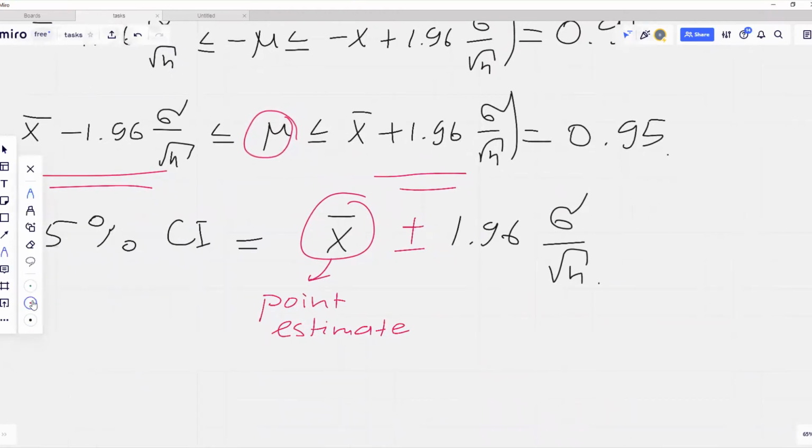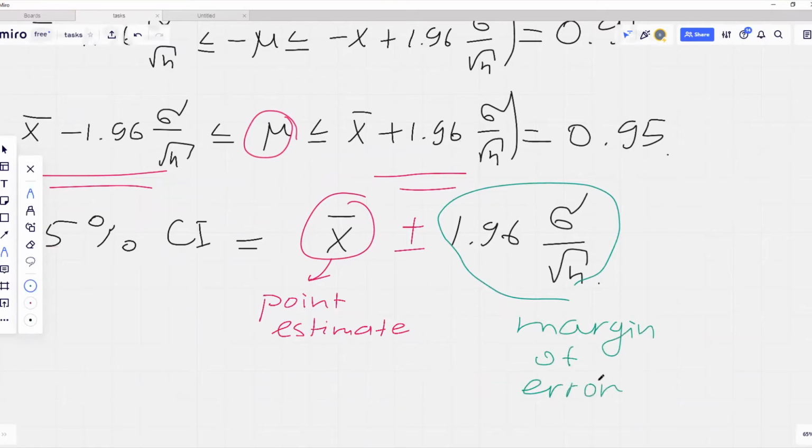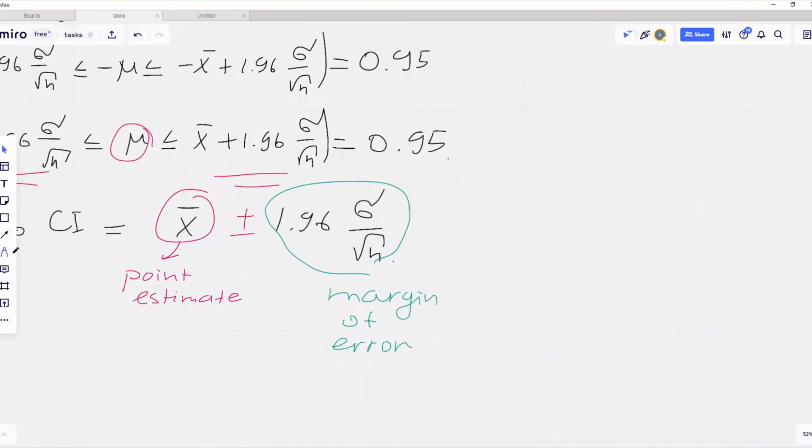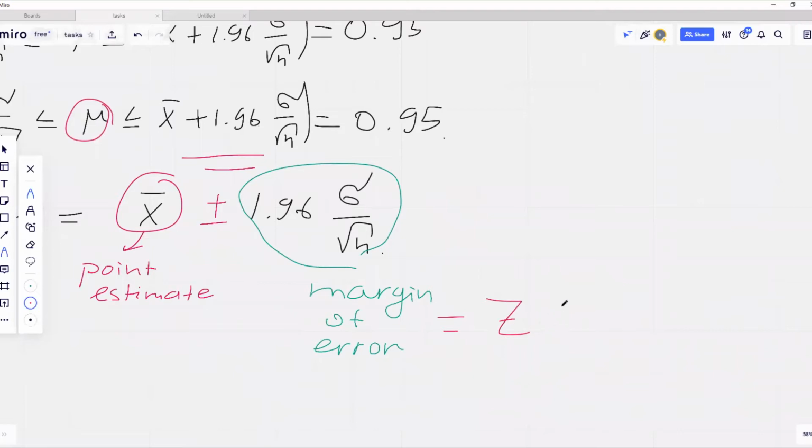And this value here is known as the margin of error, which is equal to the critical value multiplied by the standard error of the mean.